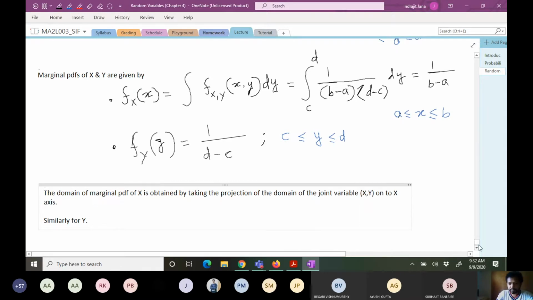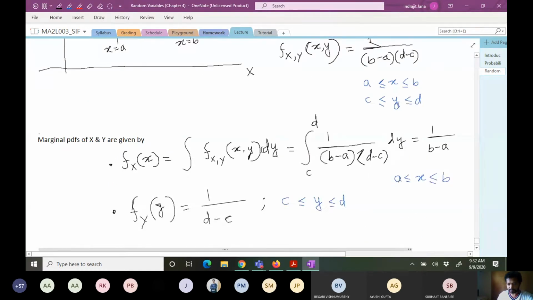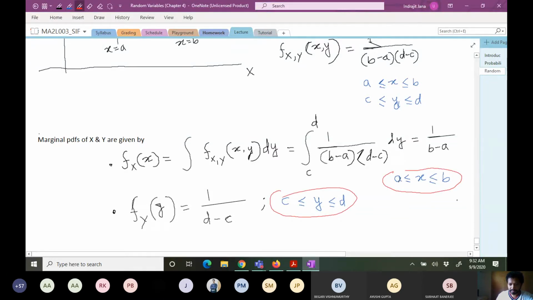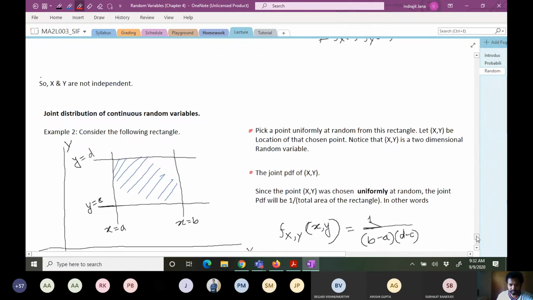Okay, so what I mean here is, if you look at the above calculations, I wrote that the domain of x is from A to B, and the domain of y is from C to D. This is essentially obtained by looking at this picture.